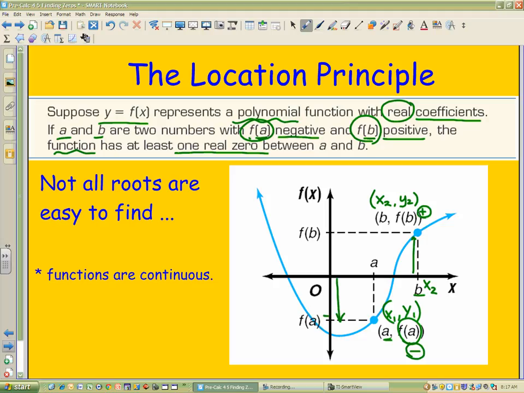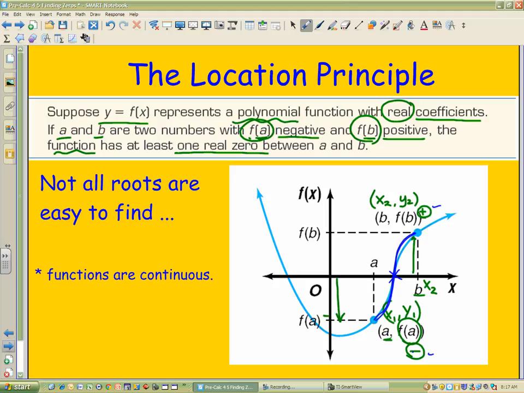Well, this location principle says that if I get out a negative value followed by a positive value, I will definitely have a zero because I have to cross the x-axis.